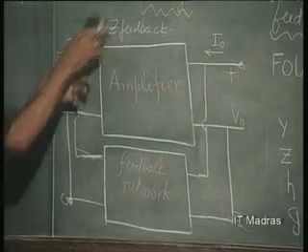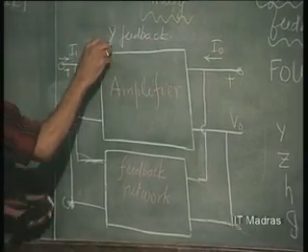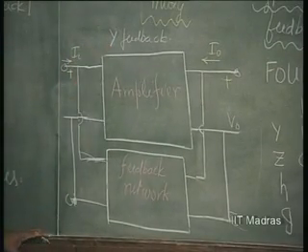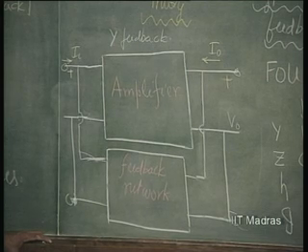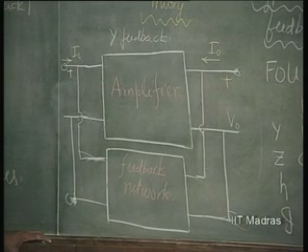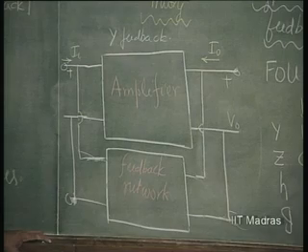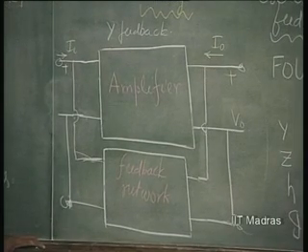This is what is called Y feedback in order to realize a current controlled voltage source. So, this in general tells us how we can tackle negative feedback in two-port networks.